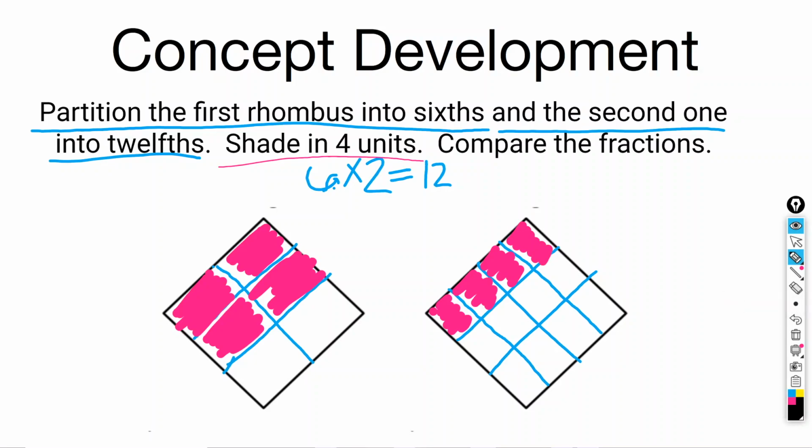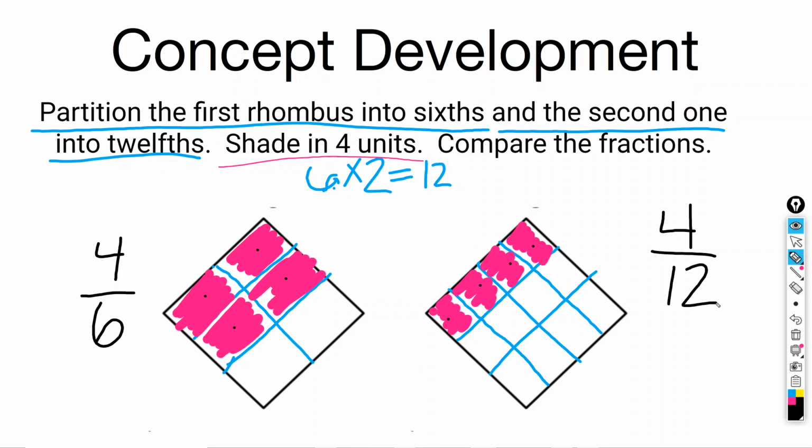Okay, so over here on the left, I've shaded 1, 2, 3, 4 pieces out of 2, 4, 6. So I've shaded 4/6. Over on my rhombus on the right, I shaded 1, 2, 3, 4 pieces out of 4, 8, 12.